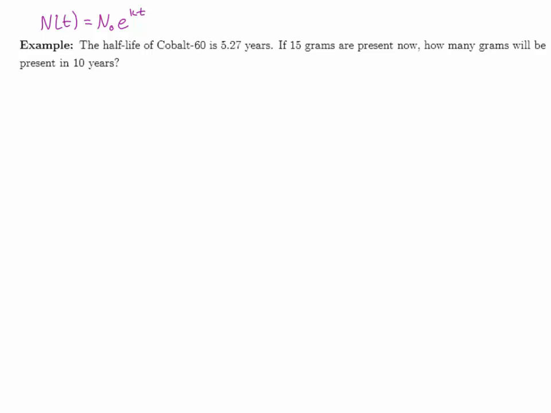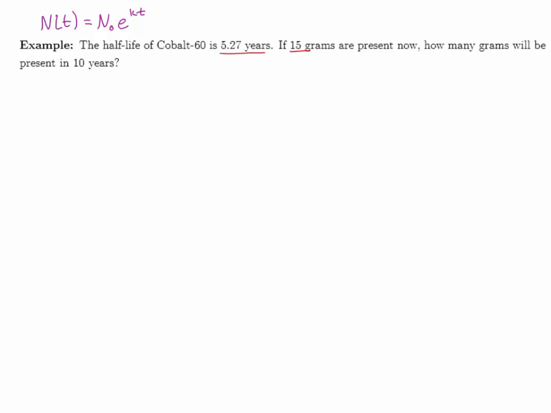Now, since it's decay, we're going to represent that decay rate with a negative, and k will be written in decimal form. So we first want to find k, and we will use the half-life to find k. We're given N naught, and so once we find k, we can input N naught and then find out how many grams will be present after 10 years.